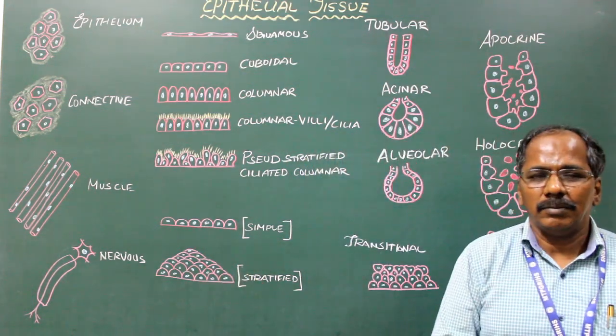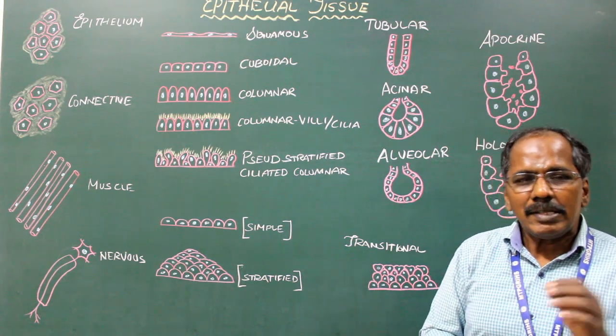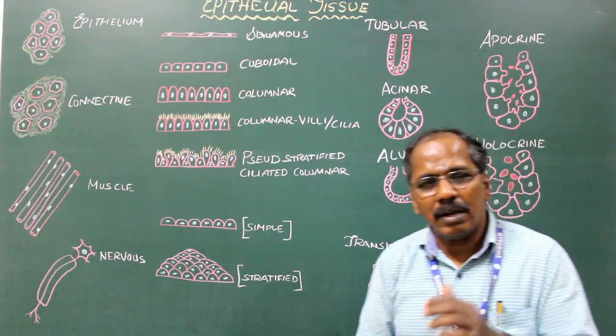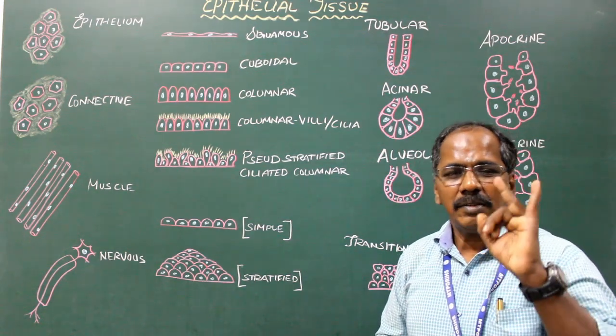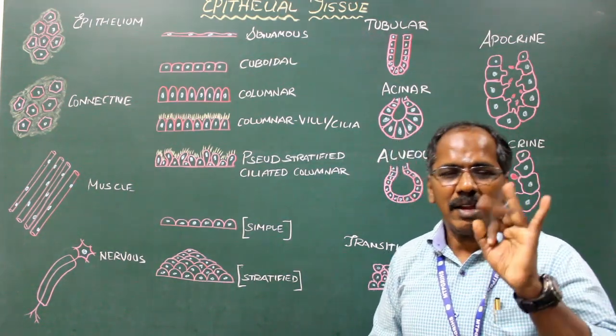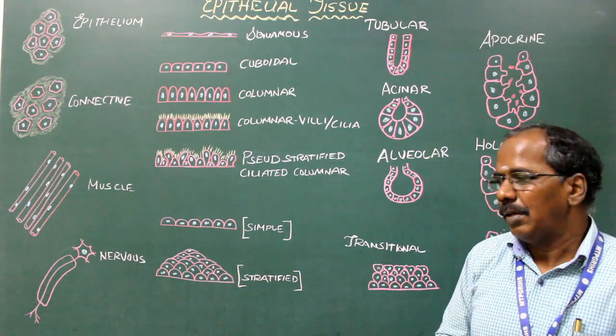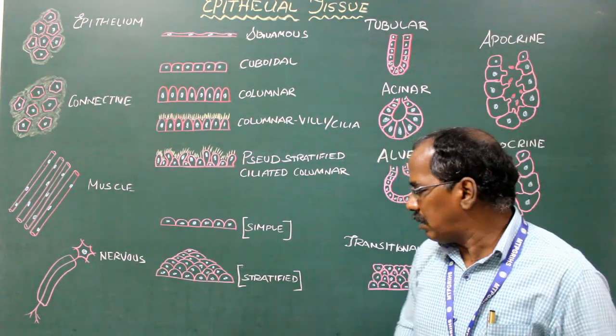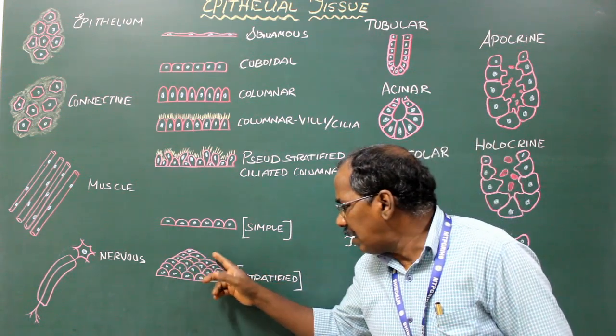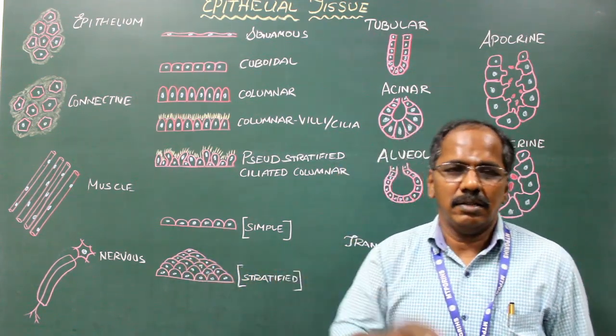Stratified epithelium is also divided into stratified squamous, stratified cuboidal and stratified columnar epithelium. In stratified squamous epithelium, the superficial most cells are flat.